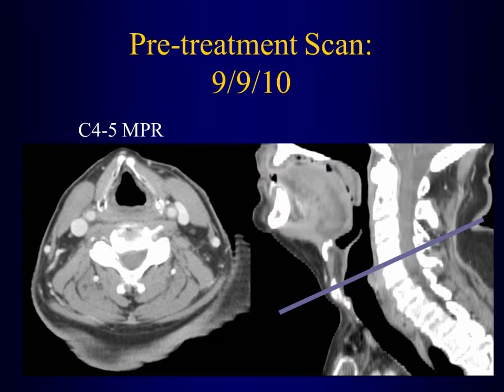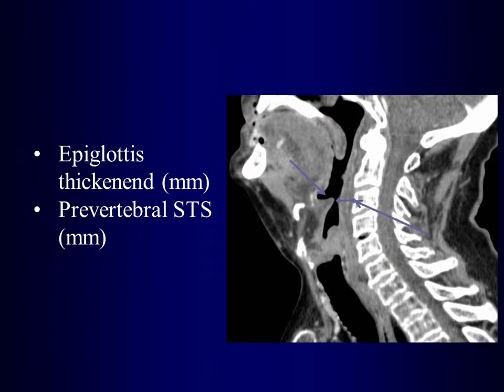So pictorially, we also looked at CT scans. Could we look at tissue swelling on CT scans and correlate that with function? This comes from a study that is ongoing, but I'm going to give you an exemplar. This is a pre-treatment patient, and we developed a method for assessing scans so that we could actually measure this.